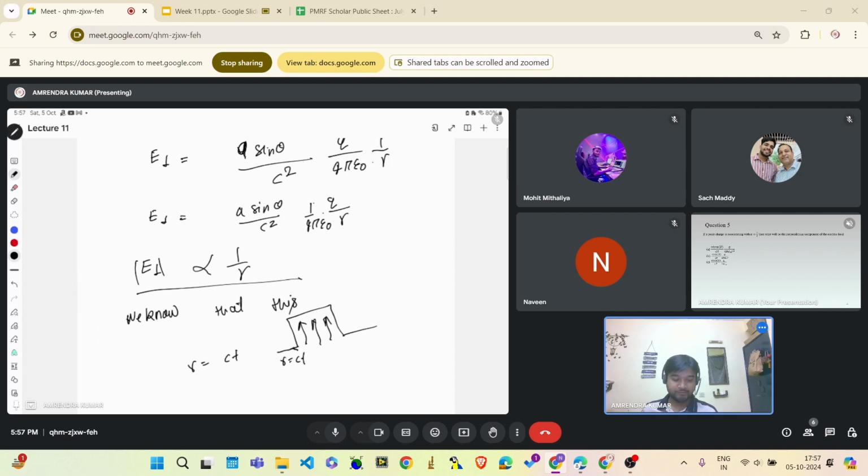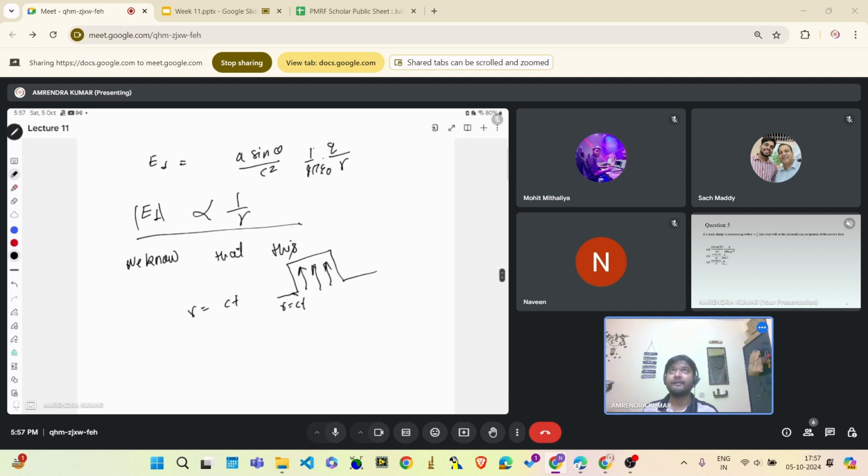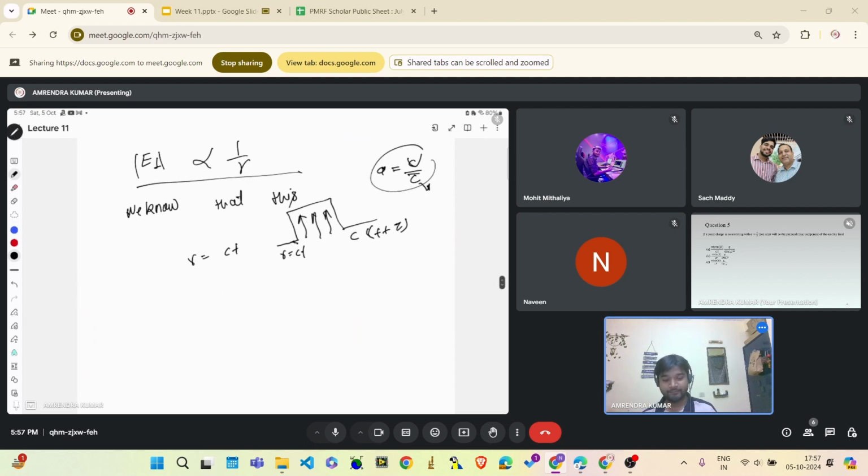R is equal to ct at some value, with all the electric field lines like this, but after some time delta t, the distance is ct plus tau, where tau is the time parameter. At some time around delta t, this thing just shifts. So it will go here, and all the vectors will be here and here.